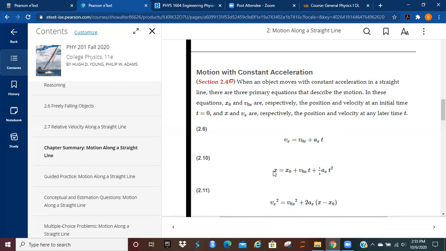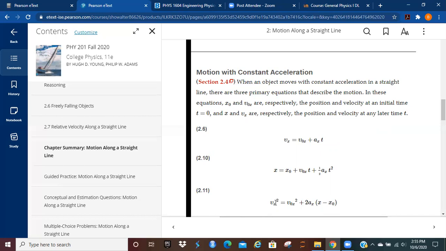If you want to consider the position here, the final position is going to be the same as the starting position plus the starting velocity in the x direction times t plus 1/2 a t squared.